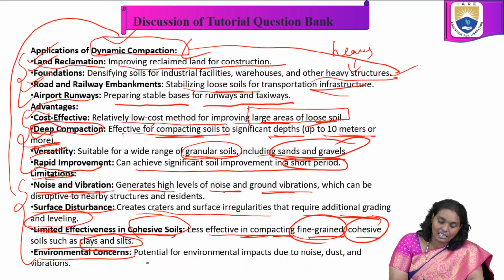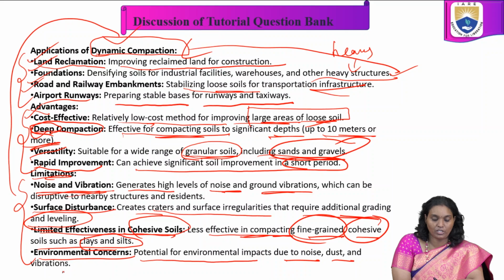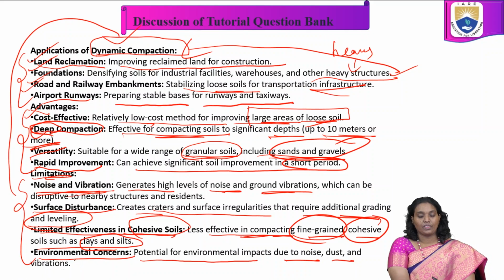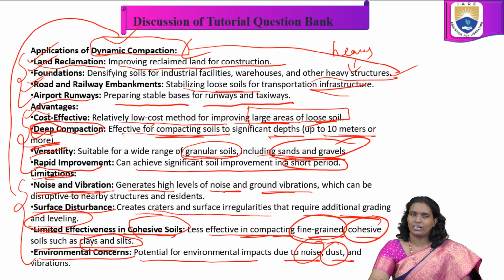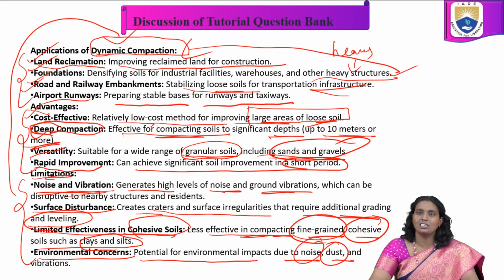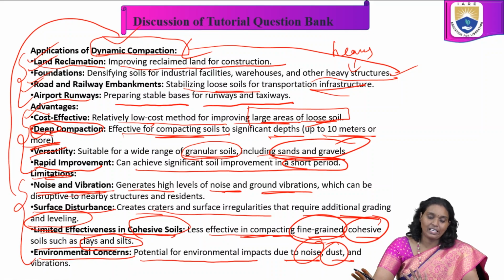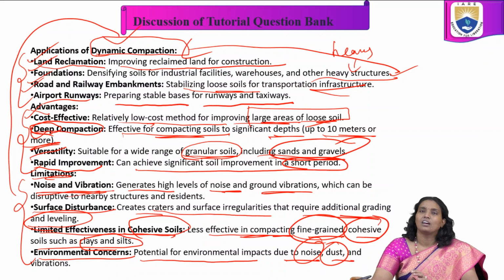Environmental concerns: potential for environmental impacts due to noise, dust and vibrations. Because of the great height we are using, it creates noise and also dust and vibrations. It is one of the environmental concerns we understand for this dynamic compaction. Every technique has its own applications and advantages, with some disadvantages along with some concerns.